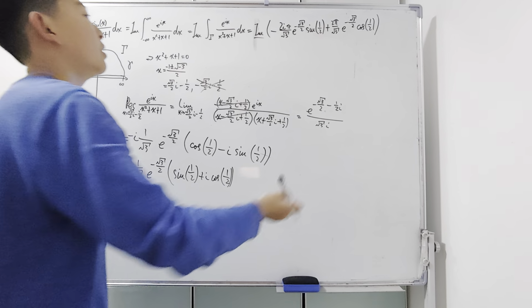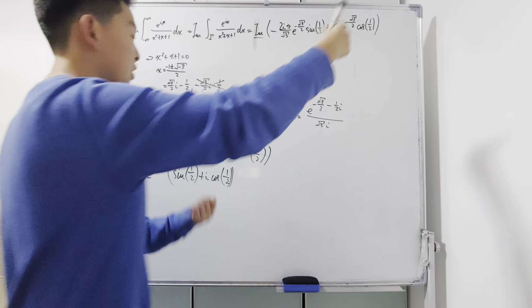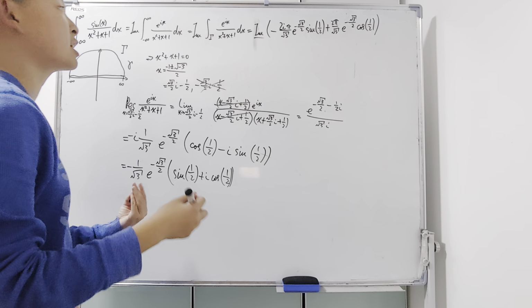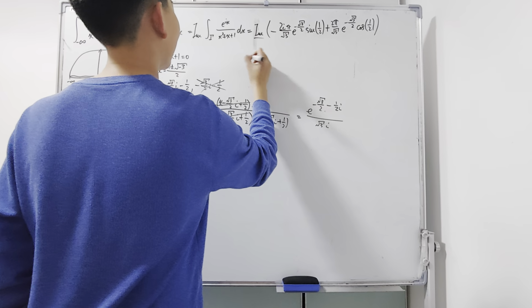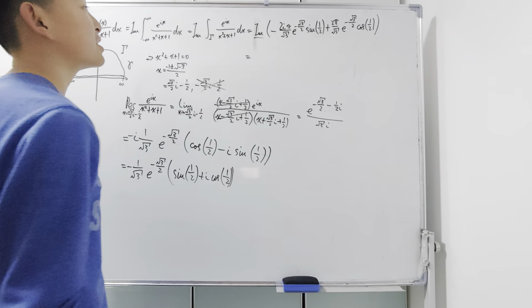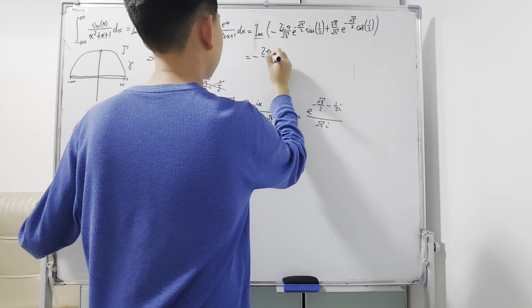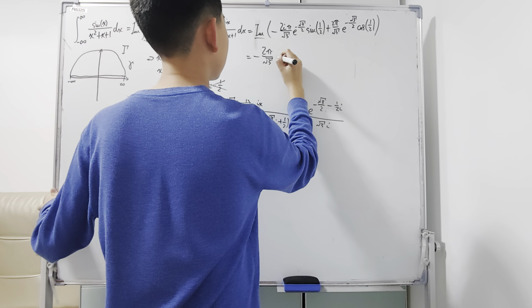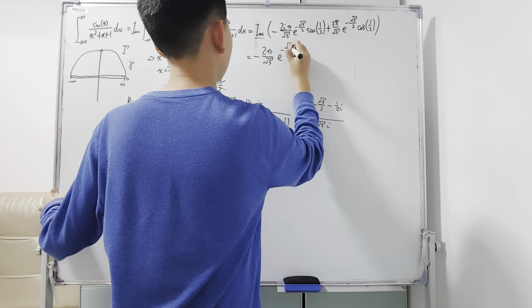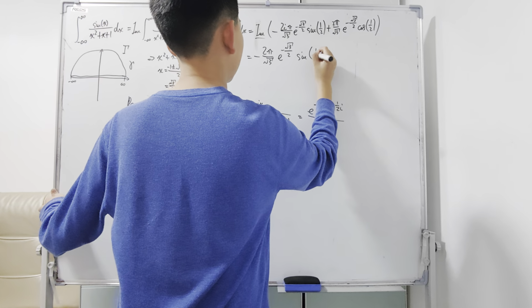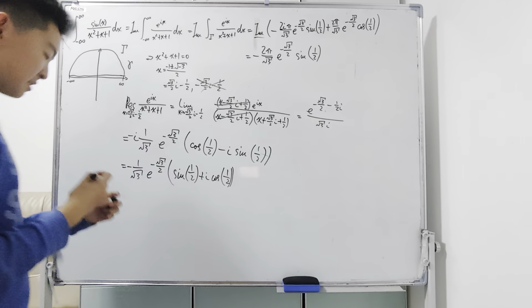This could be pi squared over 2 for all we care. And then the answer is right there. It is going to be equal to negative 2 pi over root 3 times e to the negative root 3 over 2, and then sine of 1/2. And that's the answer.